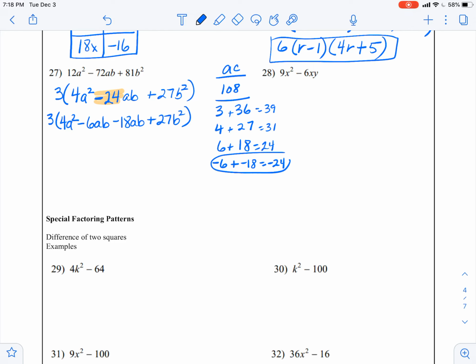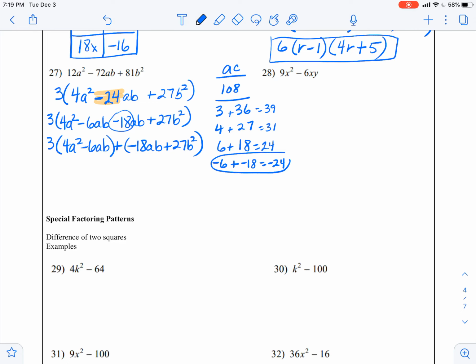And now we're going to group. Now this is where I was telling you, if you're going to group these, and you may not have understood what I said earlier, but since there is a negative right here, put a plus and then put the negative in with the 18.